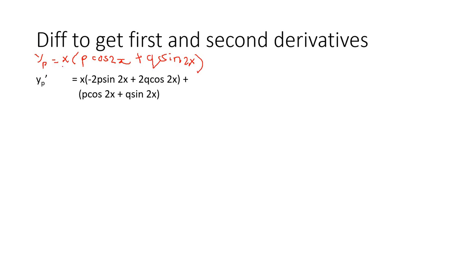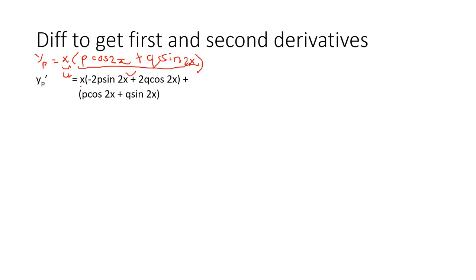And then again you need to differentiate using the product rule, where the x is actually the u and your v is this one, p cos 2x plus q sin 2x. So your first derivative, y prime p.